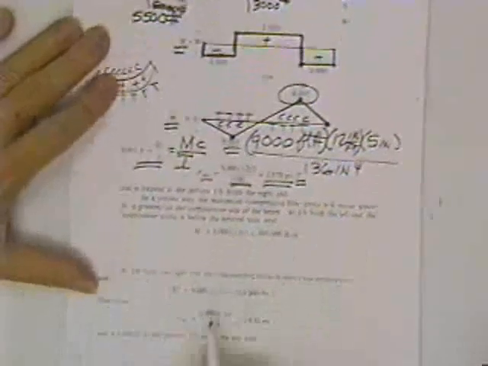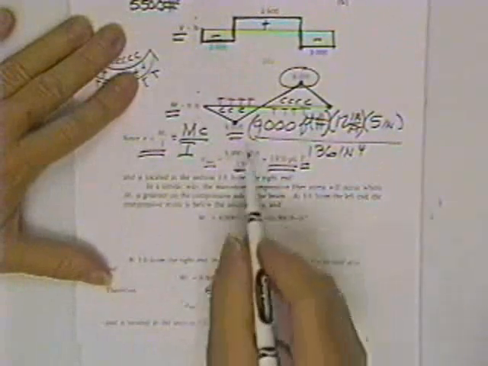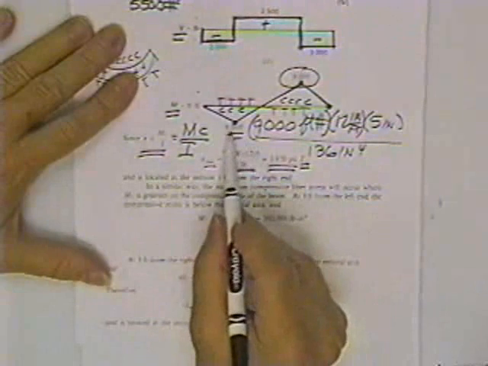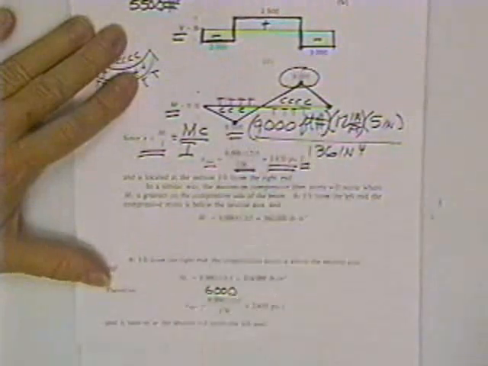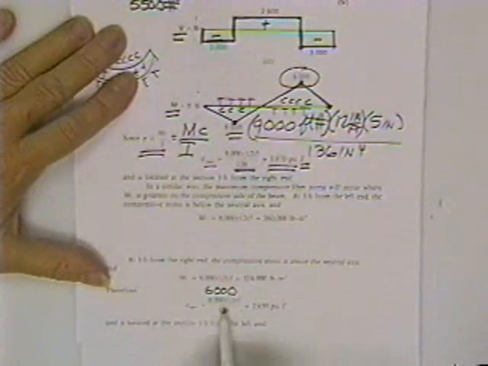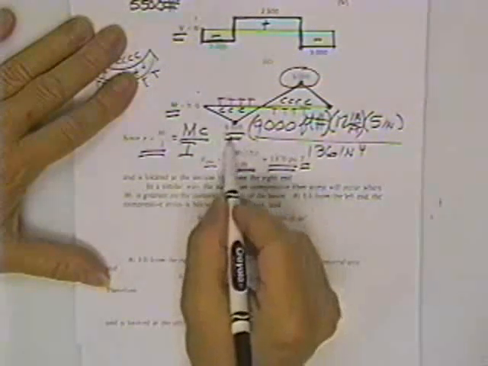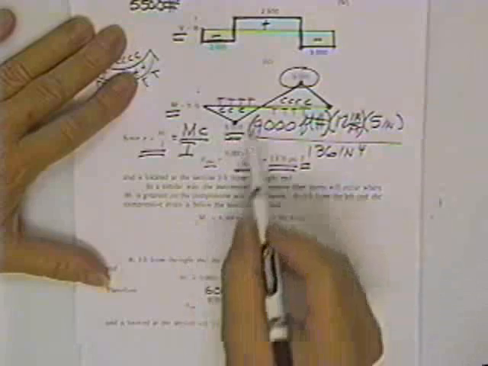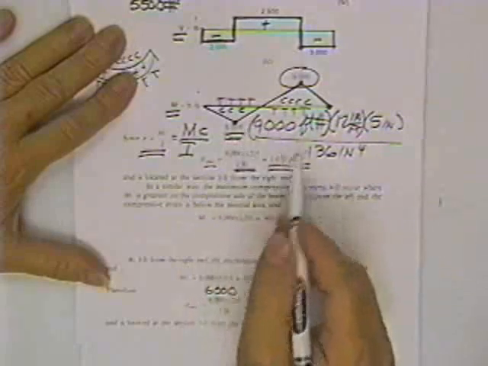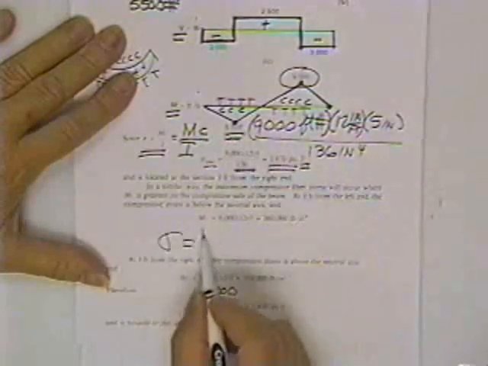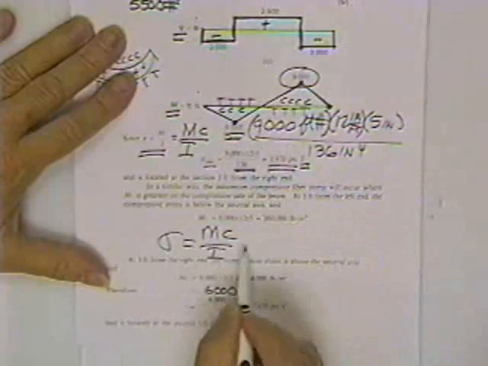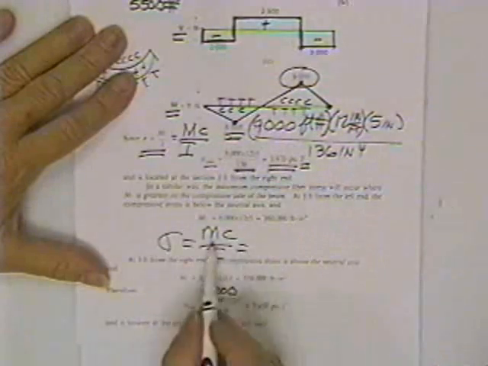Now to find the compressive stress, here's his equation for compressive stress. Put 6,000. You'll notice he put 6,000 right here. That's interesting. He must be looking at this point for compressive stress. See, the interesting thing is sigma is equal to MC over I has two sets of numbers in it.